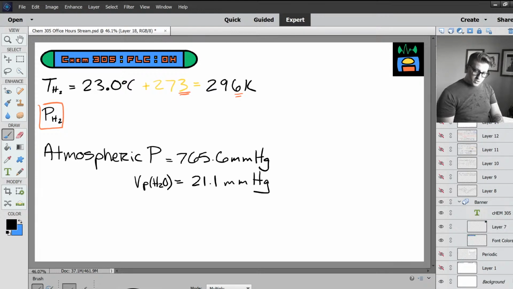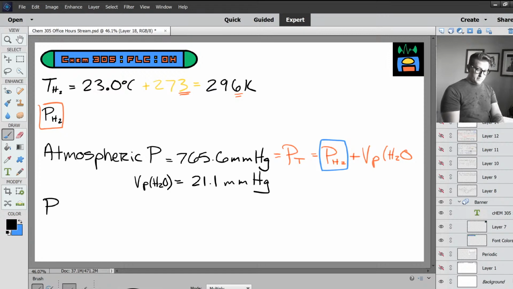The reason why we're told the vapor pressure is because atmospheric pressure is actually a total pressure. It is equal to the partial pressure of hydrogen plus the vapor pressure of water. So if we want to find the partial pressure of hydrogen, we are going to need to do a little math. The total pressure is equal to the partial pressure of H2 plus the vapor pressure of water.